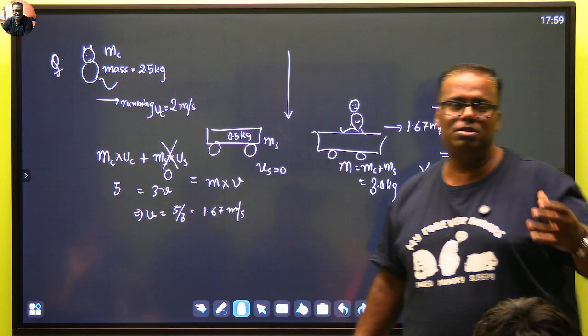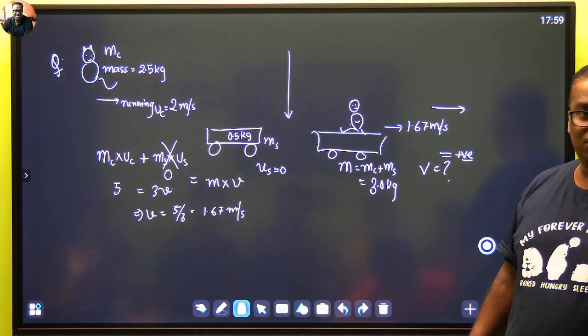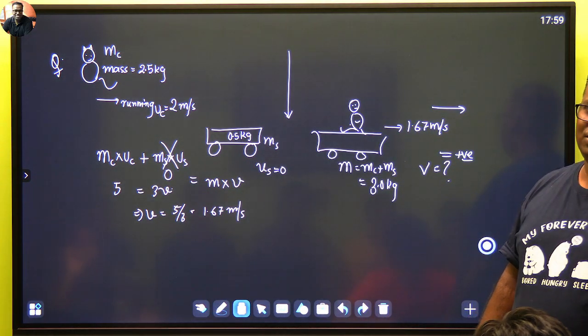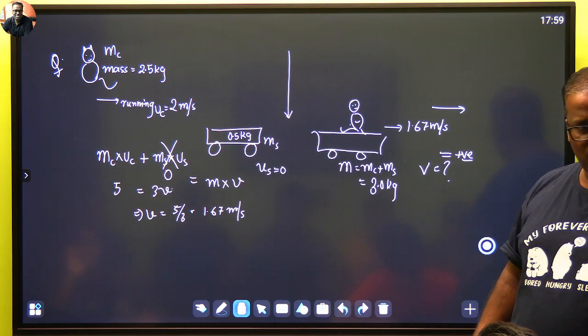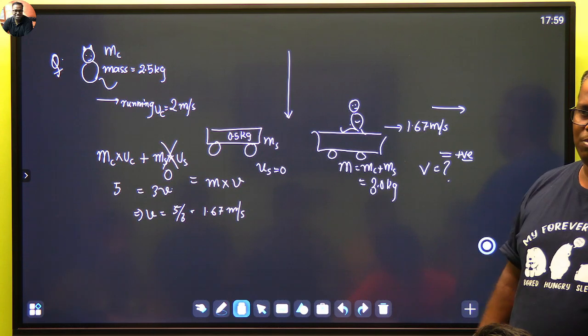So if it becomes a combined mass, who controls the combined mass? The cat will control the combined mass, so it will go in its direction. Understood how to apply? Nice and interesting problem.